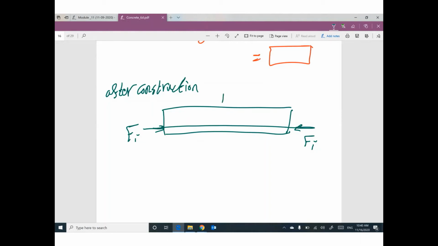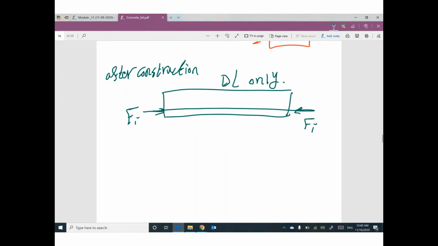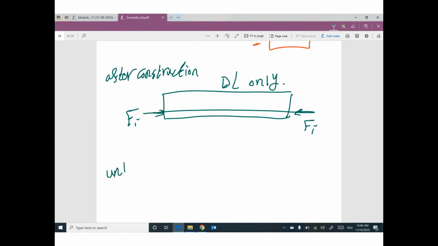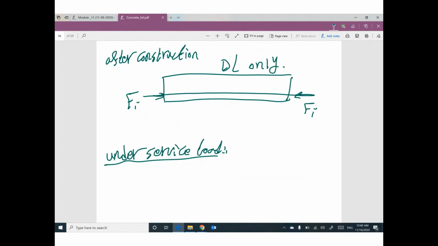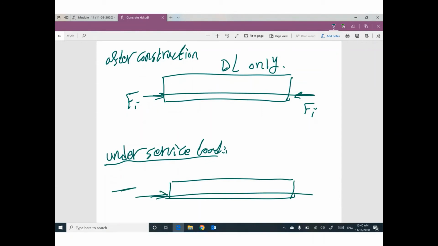So we have dead load only. One year, one month, five years later, the beam will be under the effect of F final.